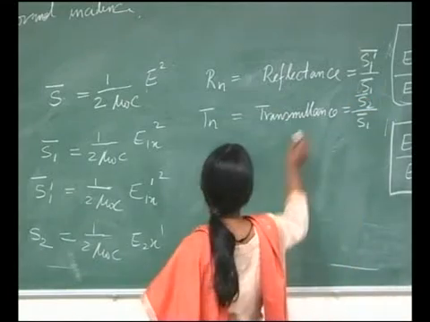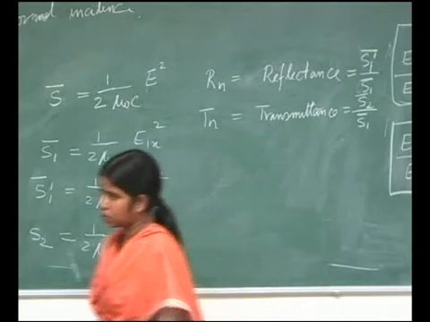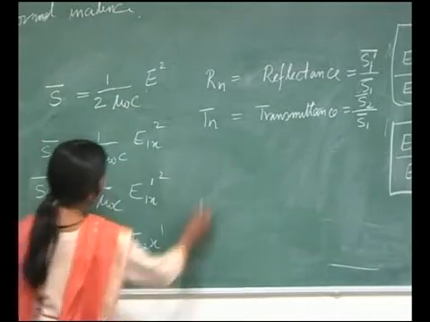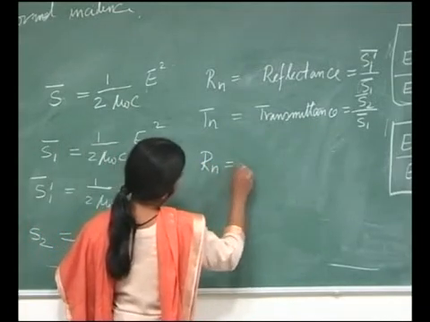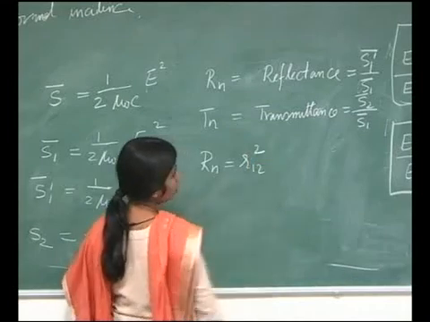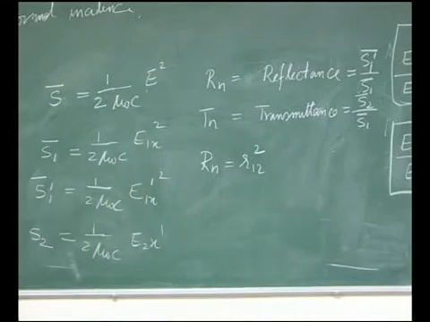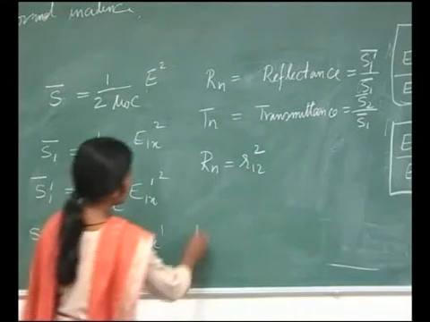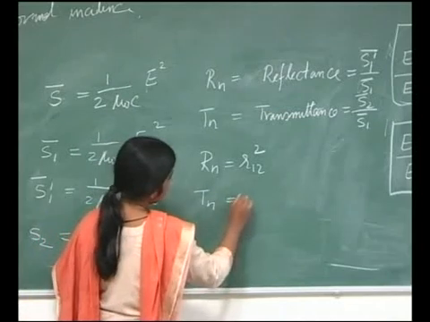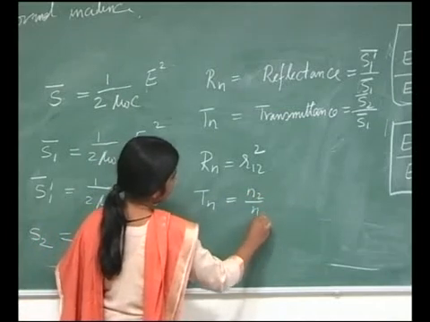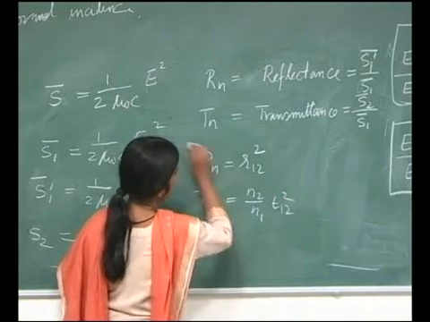These are the two coefficients. And you will see that Rn is equal to R12 square, and Tn is equal to N2 upon N1 times T12 square.